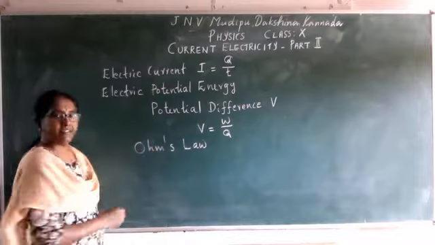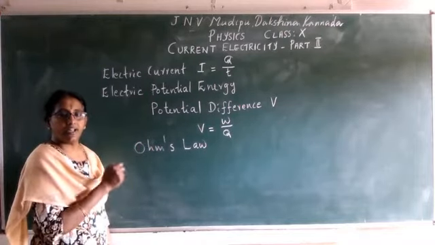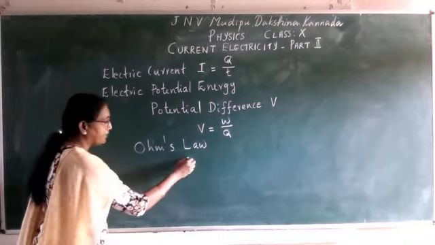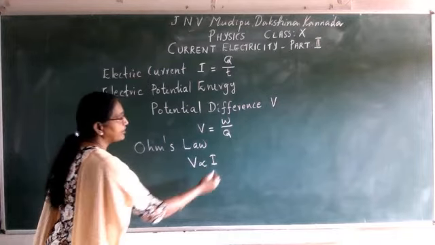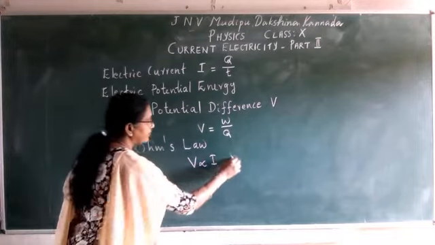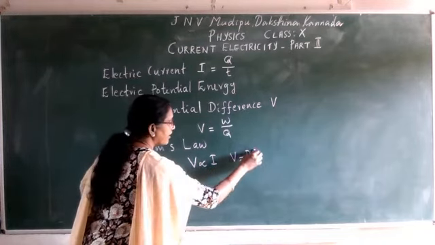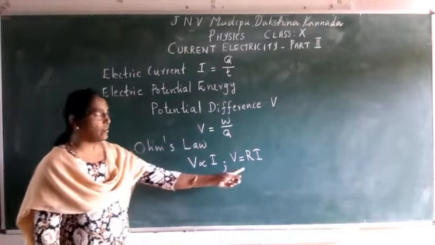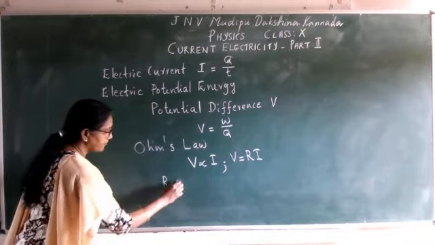So Ohm's law states that the current flowing through any material or circuit is directly proportional to the potential difference applied. While writing, we write V proportional to I, and we can write V is equal to a constant R into I. We have defined this constant R as the resistance.